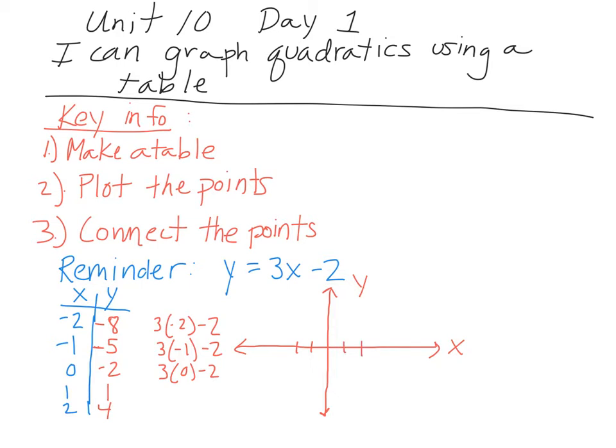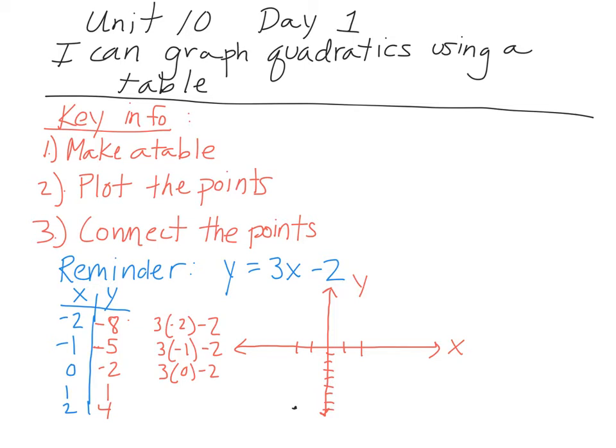Unfortunately I need to go to -8 on my y's, so I'm going 1, 2, 3, 4, 5, 6, 7, 8. Try to space it as well as you can. Then I graph the point -2, that's the x value, and down 8. That's down here.